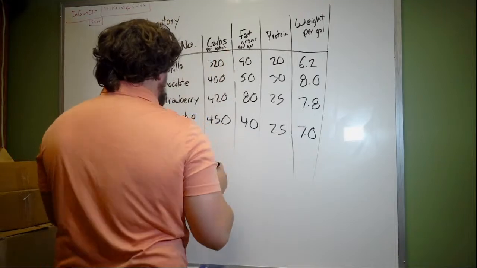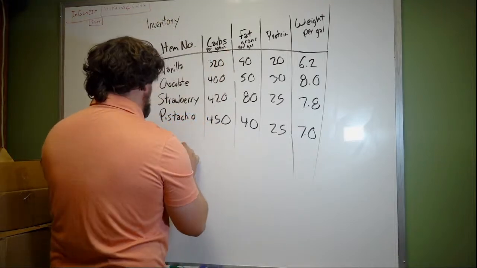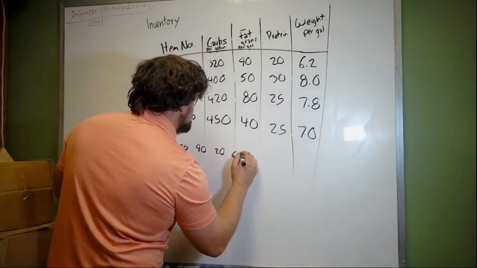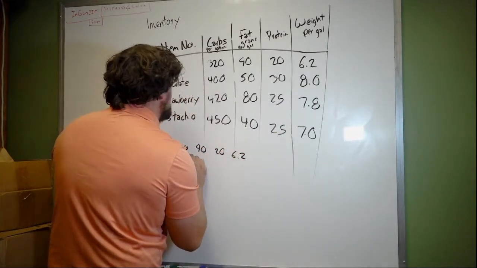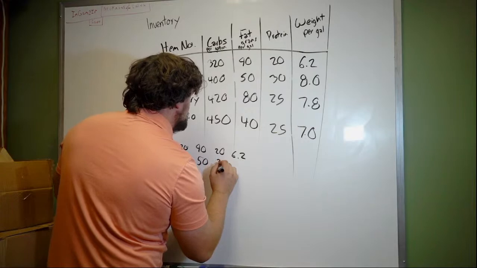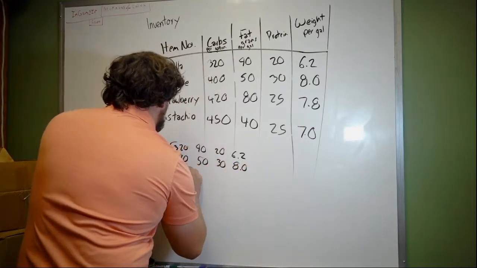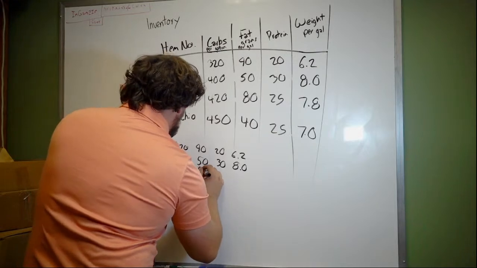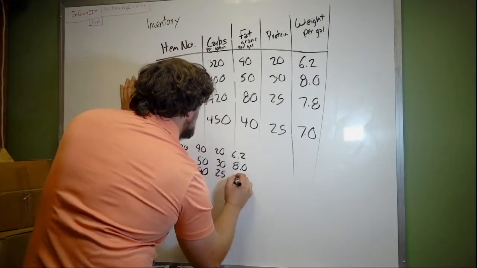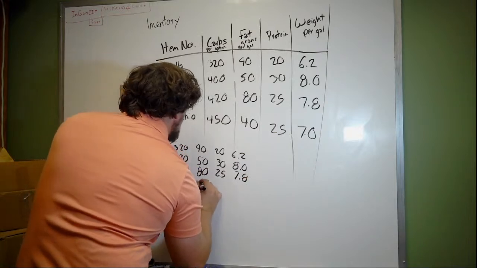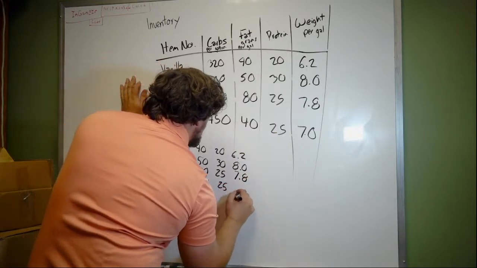Okay, so I'm just going to take this matrix, which right now is a 4x4: 320, 90, 20, 6.2, 400, 50, 30, 8.0, 420, YOLO, 80, 25, 7.8, 450, 40, 25, 7.0.